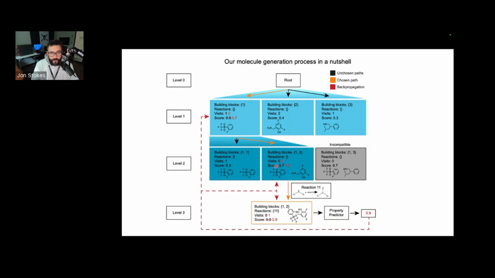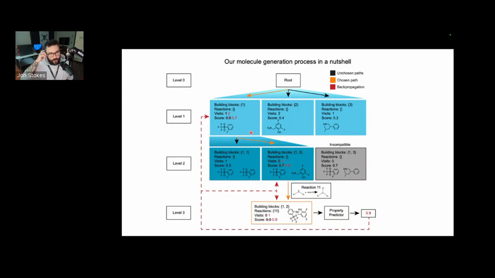Right. Conversely, if the prediction score for this molecule is very, very low, that low prediction score would be back propagated, and the nodes corresponding to the associated building blocks would have a score that is decreased.